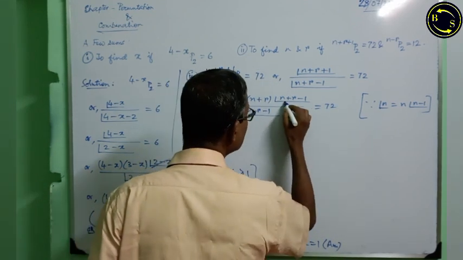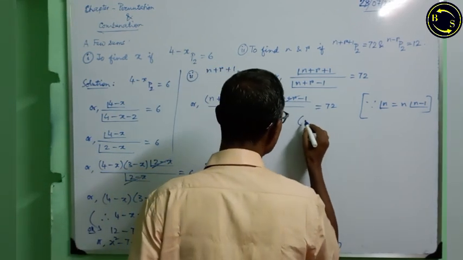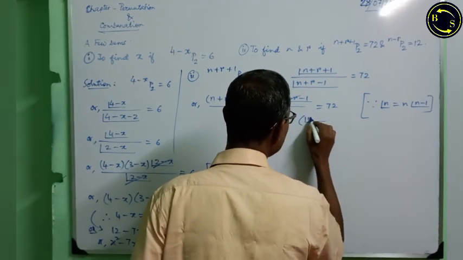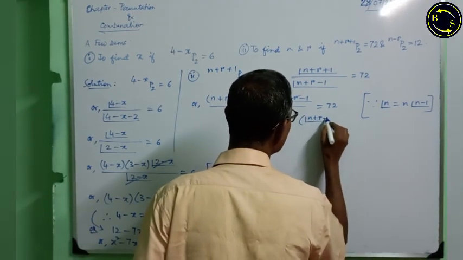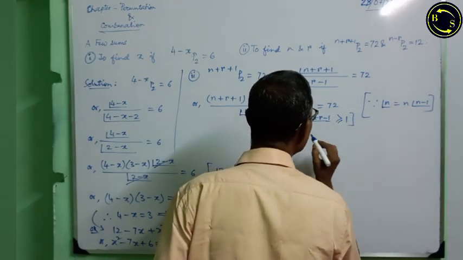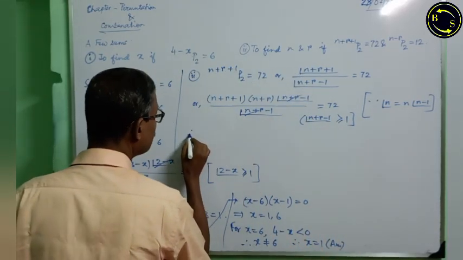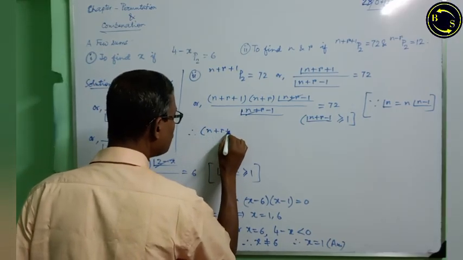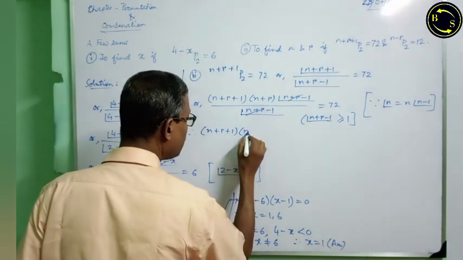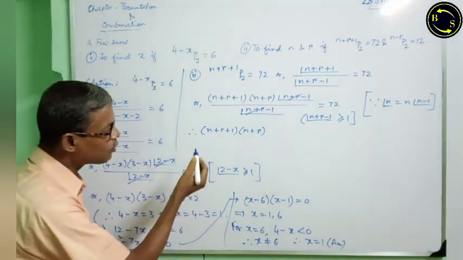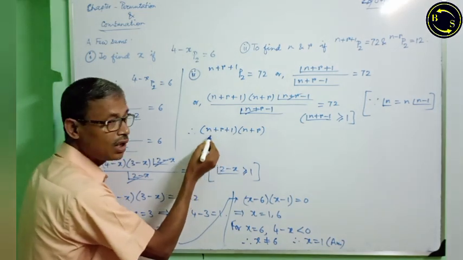Now these two cancelled, and on the right side you mention factorial N plus R minus 1 is greater than or equal to 1. Therefore, we get finally N plus R plus 1 into N plus R. You see, this is the product of two successive numbers.